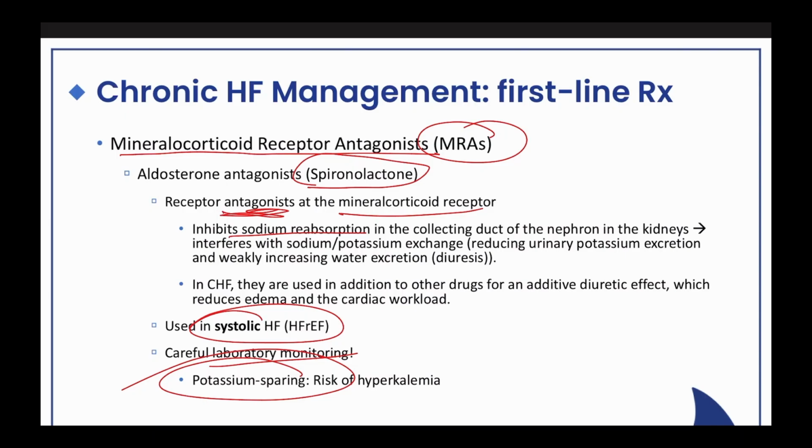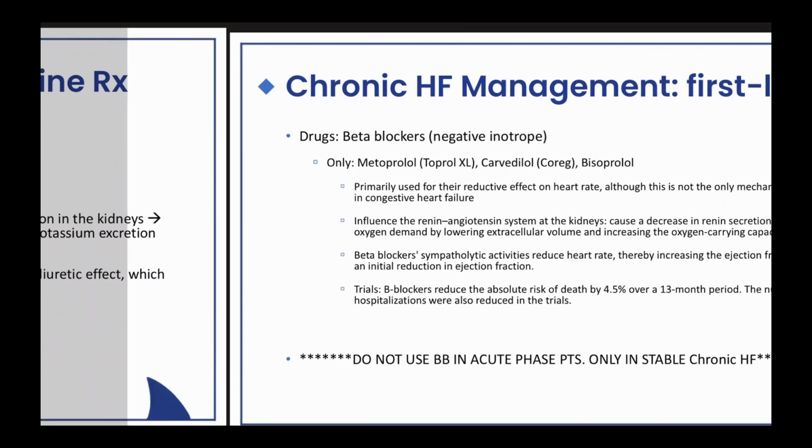So sodium and water are excreted. Potassium is brought back in. So they have a risk of hyperkalemia. That's why these are called potassium-sparing diuretics, because they are going to increase potassium. So you must make sure you check BMPs to see what's going on with the potassium.